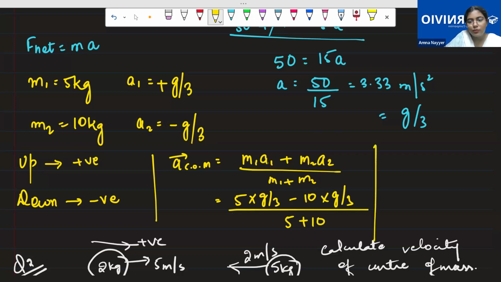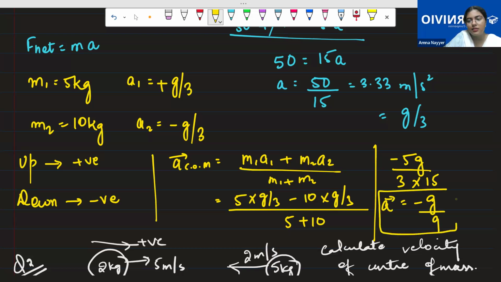That is 5g by 3 minus 10g by 3, that is minus 5g by 3, divided by 15. So that is equal to g by 9. Minus g by 9 is the acceleration of the center of mass. Got it?